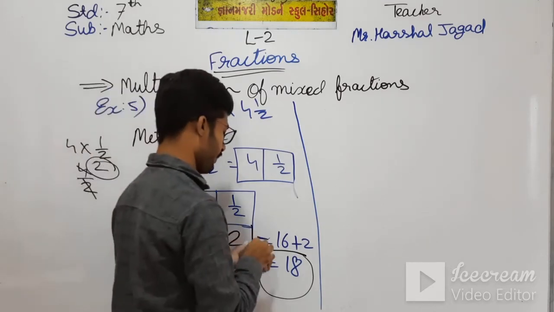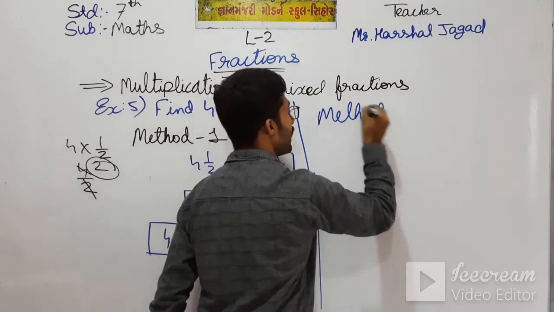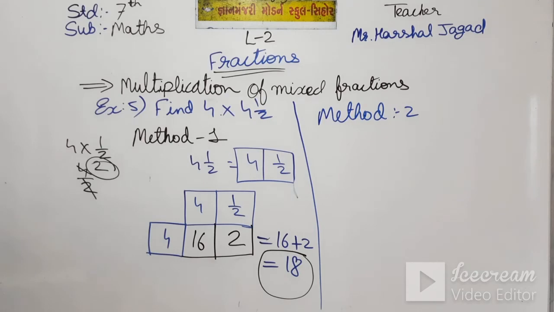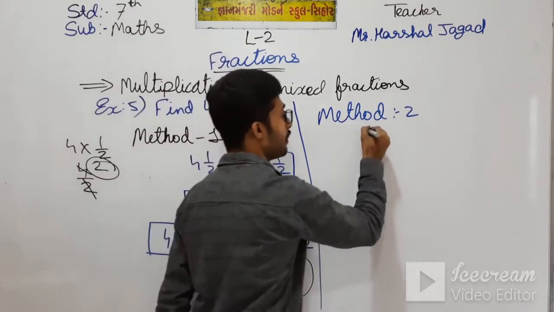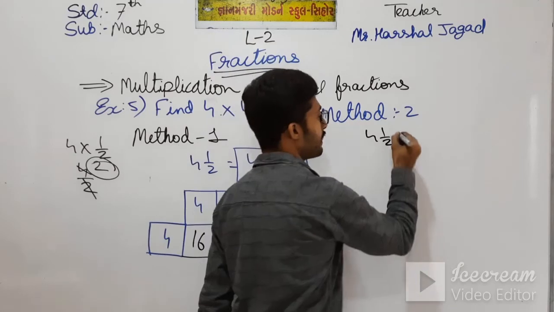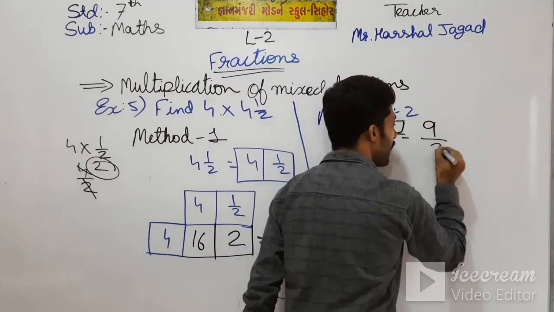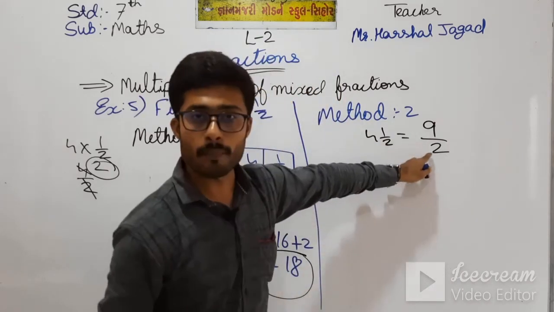Method 2. In method number 2, how is it to be multiplied? First of all, we have to convert 4 and 1 by 2 into an improper fraction. So how is it converted? 4 2s are 8, 8 plus 1 is 9, 9 by 2. Okay students, this is converted into an improper fraction.